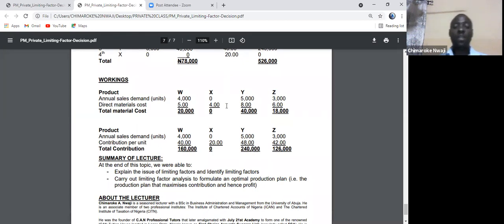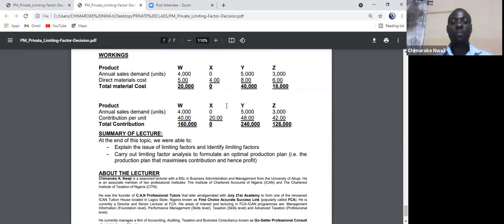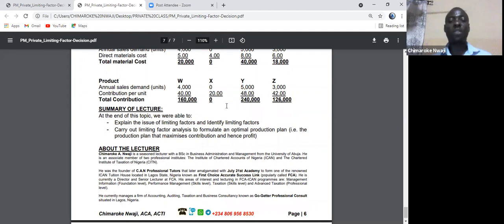At the end of this topic, we were able to explain the issues of limiting factor. We explained that limiting factors are those things that affect our production in such a way that we could not achieve what we aim to achieve. Our aim is to satisfy our customers' demand, the annual sales demand, but there are certain factors hindering us from achieving that.